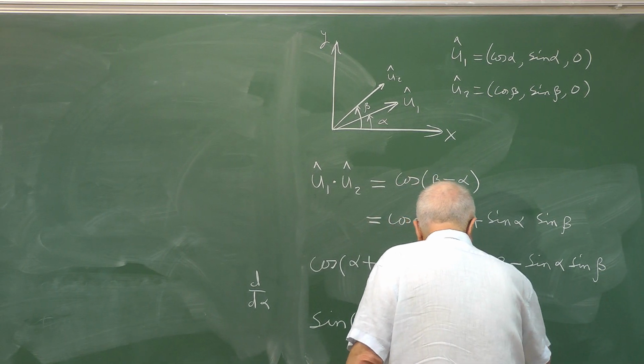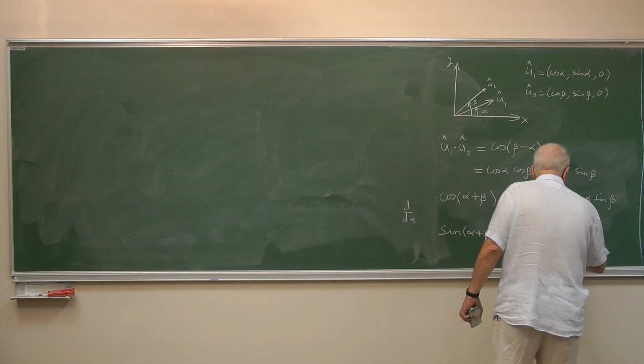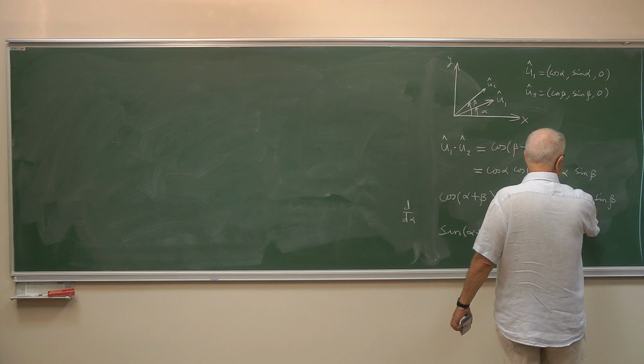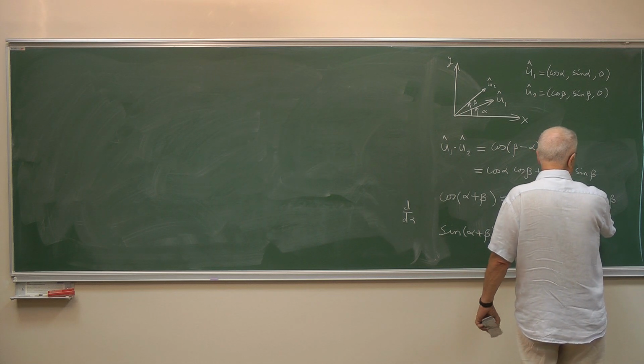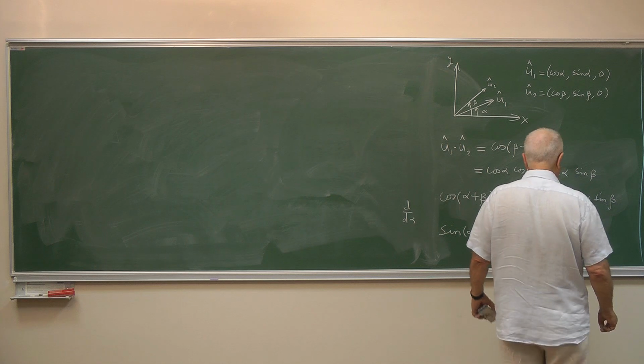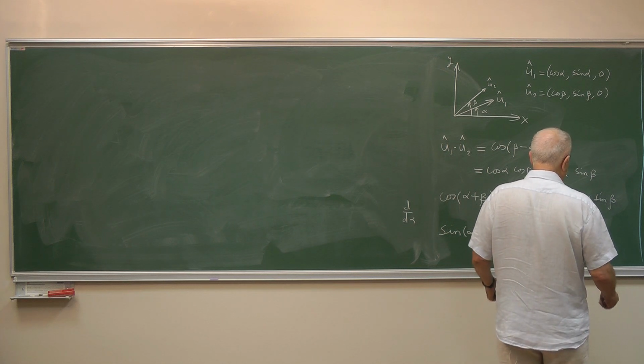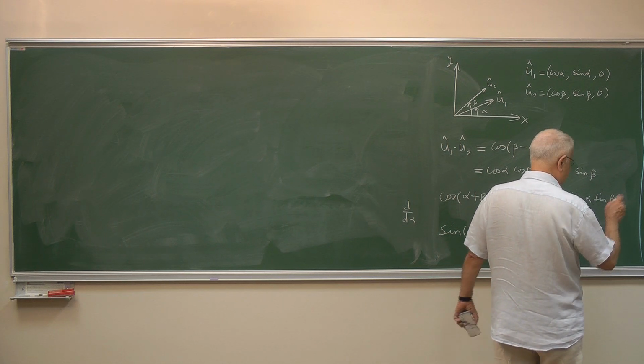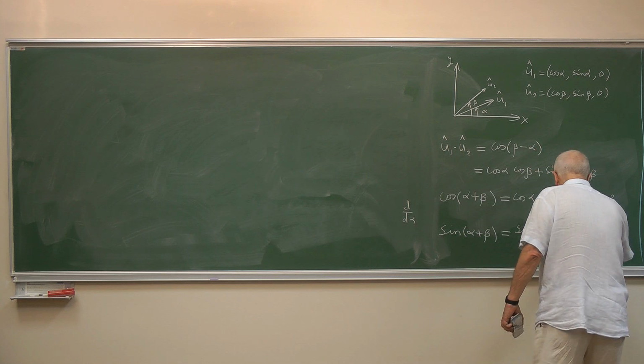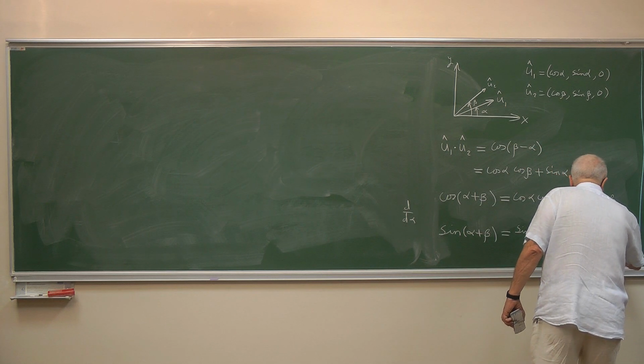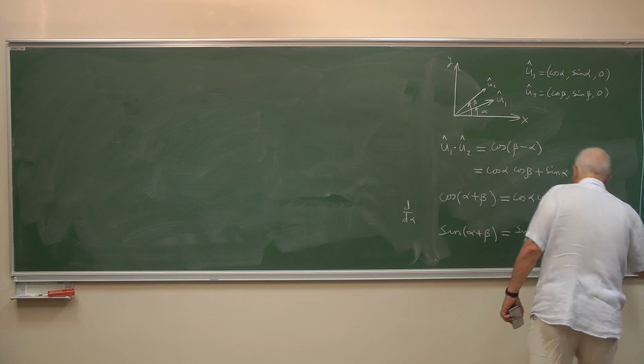So sine alpha cos beta. Then here, if I take the derivative of minus sine alpha, it will be minus cosine alpha. But remember, there is this minus sign, so this is cos alpha sine beta.